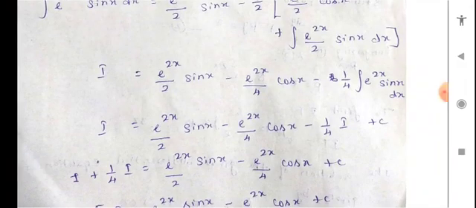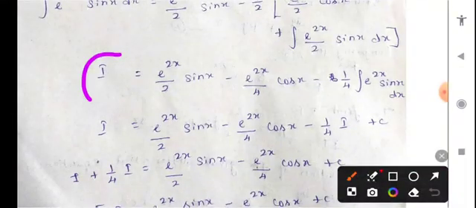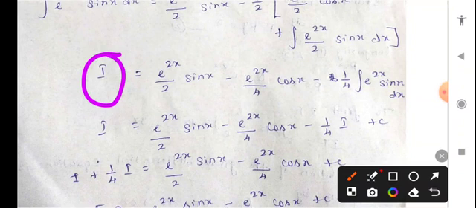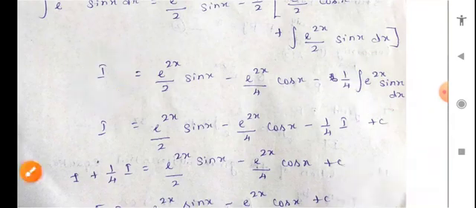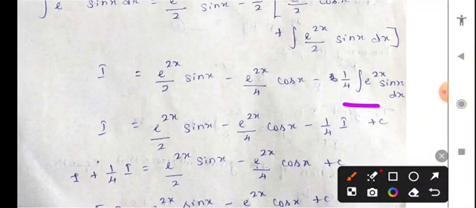Now the sum is in the form of I, so here also we replace it with I. The total term integral over e power 2x sin x dx can be written as I. Already 1 by 4 is multiplied, so I is equal to e power 2x divided by 2 into sin x minus e power 2x divided by 4 into cos x minus, instead of this term we can replace what?